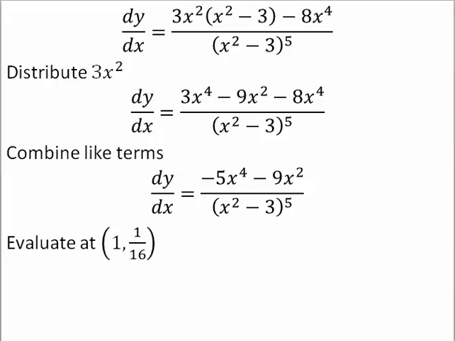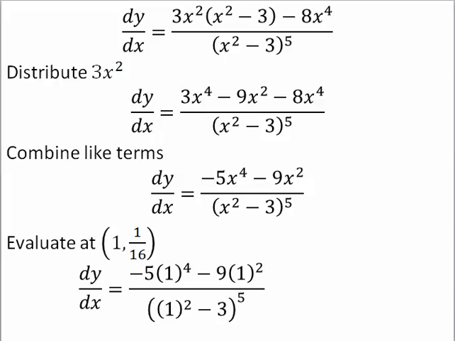Let's evaluate the derivative for x equals 1. Replace x with 1. In the numerator we get negative 14, and in the denominator we get negative 2 to the 5th power, which is negative 32.